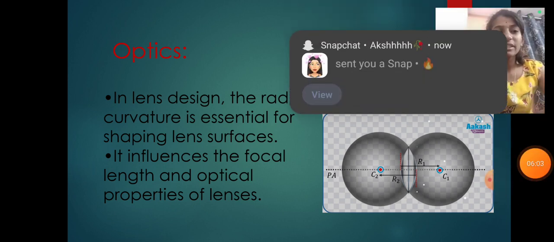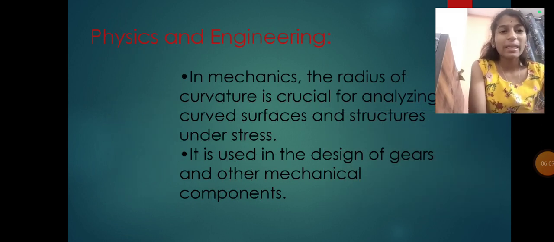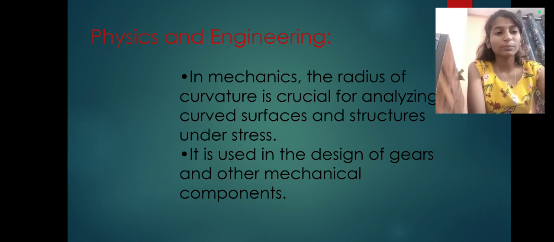The next one is physics and engineering. In mechanics, the radius of curvature is crucial for analyzing curved surfaces and structures under stress. It is used in the design of gears and other mechanical components.